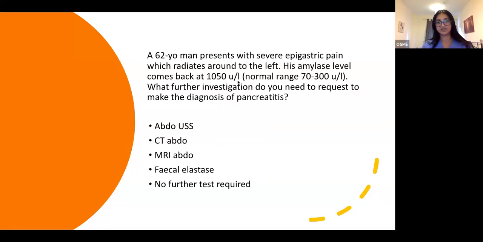And here's another one. We have a 62-year-old man who presents with severe epigastric pain that radiates around to the left. His amylase level is very elevated. What further investigation do you need to request to make the diagnosis of pancreatitis?